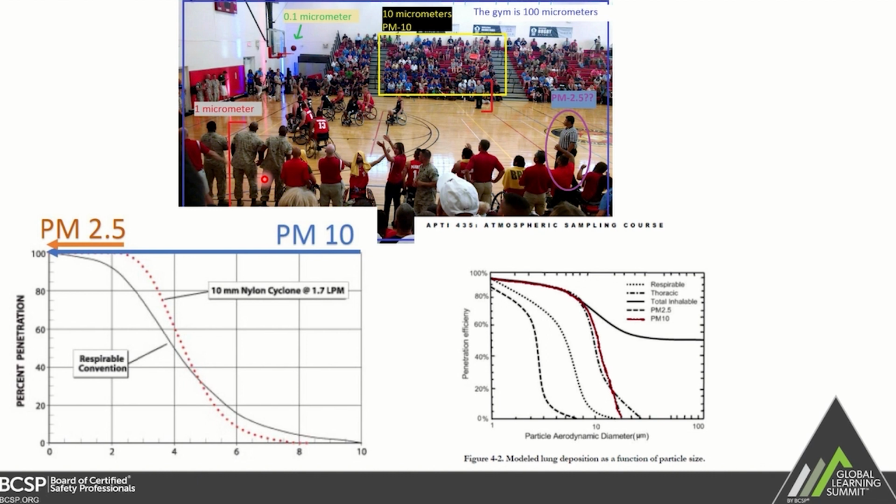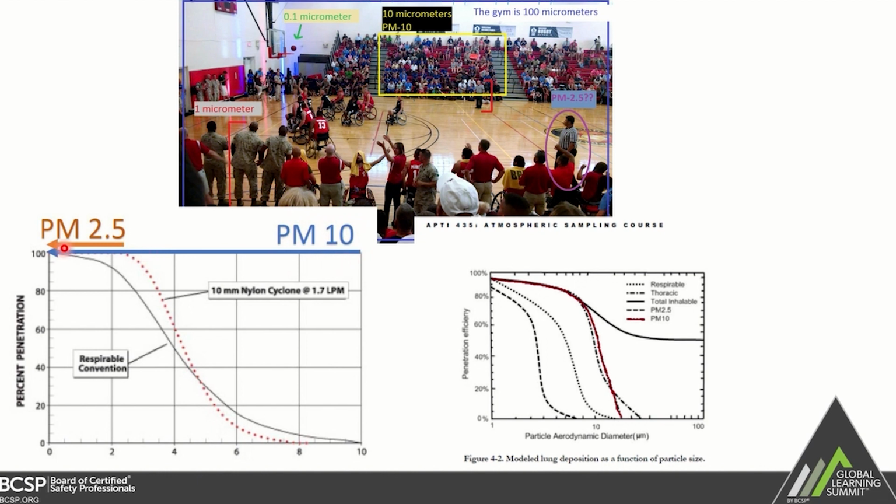You are going to attach a size selector to them, like a cyclone or an impactor, so you're only going to pass the residual size through the sensing volume and take a reading. I have found with these PM2.5, PM10 monitors, the best success using the PM10 level.